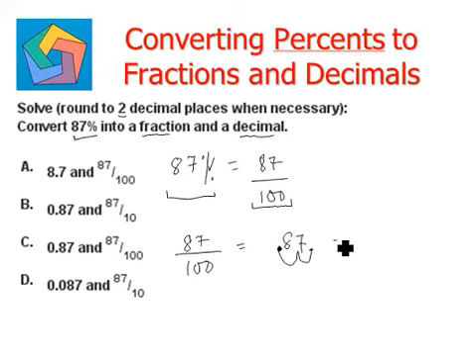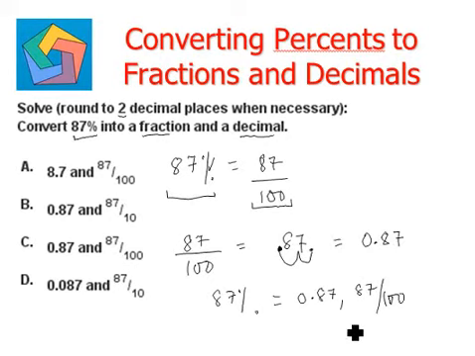So this becomes 0.87. Now 87% as a decimal is 0.87 and as a fraction is 87 divided by 100. This can be seen in option C, which is the correct answer.